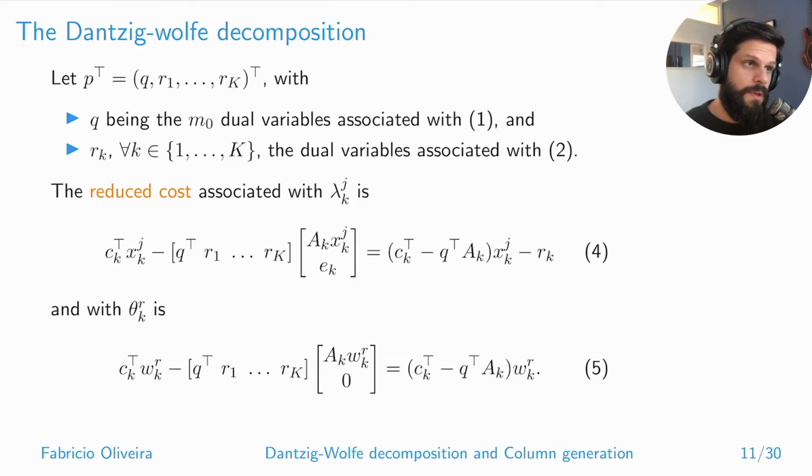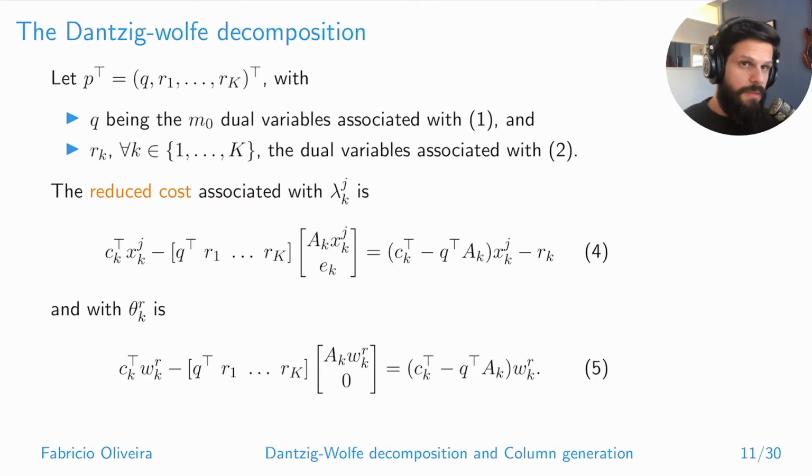Let's say 1 to make things easier, because you have one convexity constraint per subproblem, so these are scalars, and you have one dual variable for each of the convexity constraints.